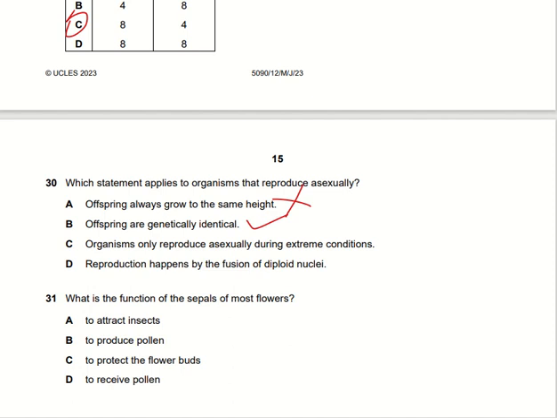Organisms only reproduce asexually during extreme conditions. It is not required. Asexual reproduction is the need of the plant. It is not related to environmental conditions. Reproduction happens by the fusion of diploid nuclei. It does not require fusion, it requires division, right? So option B here is the right answer.